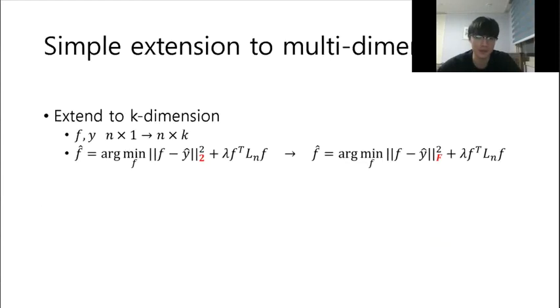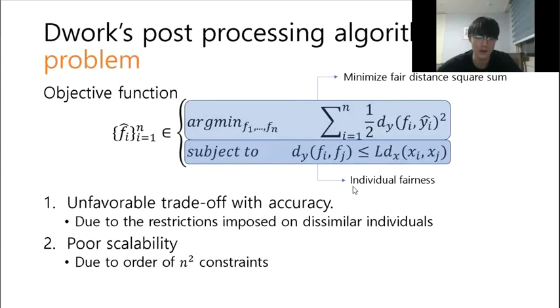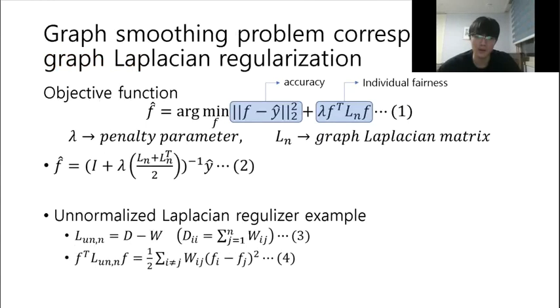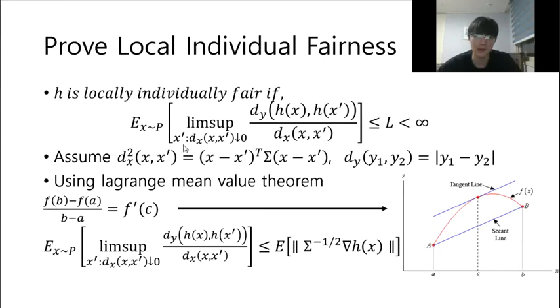That means like this, there is no specified x, x prime region, but in here there is a specified x, x prime region, that is, the parametrics between x, x prime is smaller than epsilon.